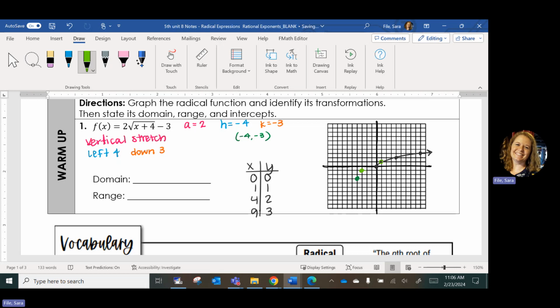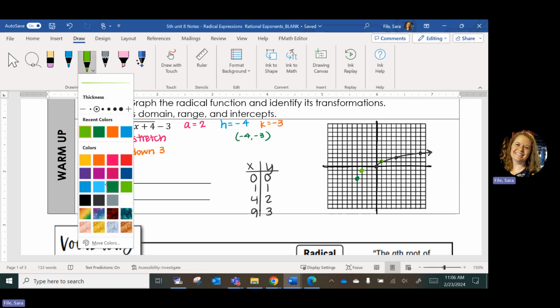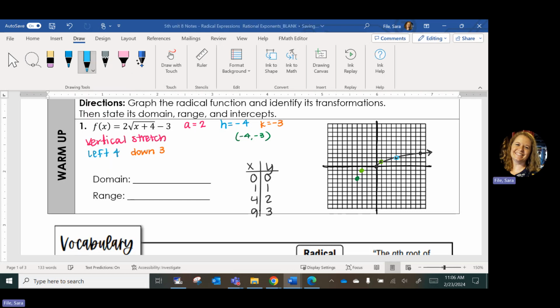Okay. And then if I do that with the next point, this one here, I'm going to go 1, 2, 3, 4 left, 1, 2, 3 down. That means I am 2 above my vertex, but I need to stretch vertically. I need to double that. So I need to go up another 2. So it's going to place it here.